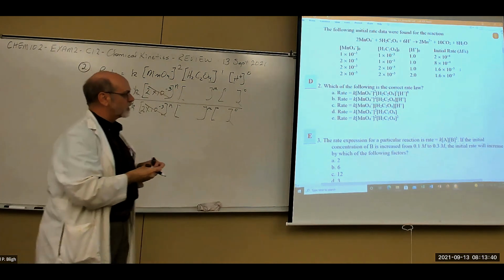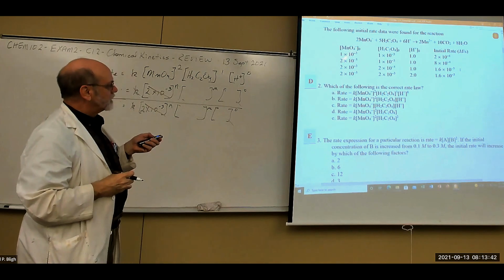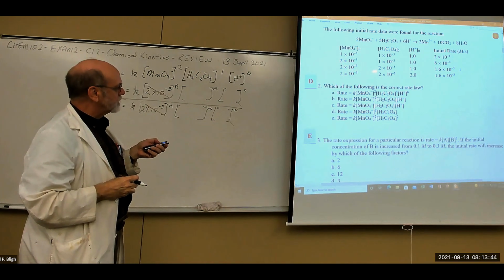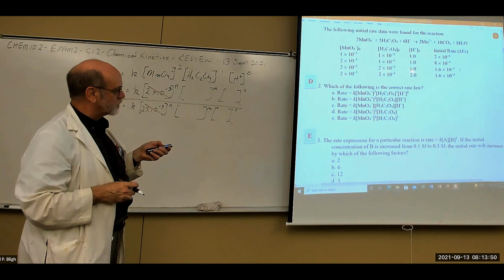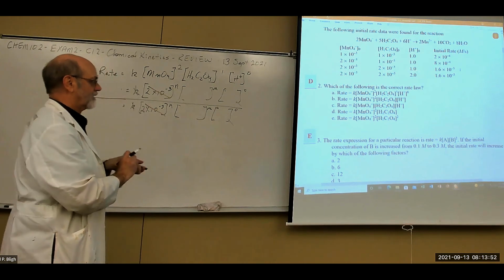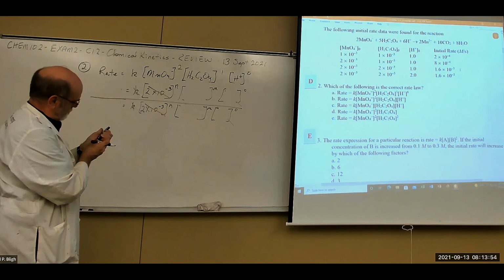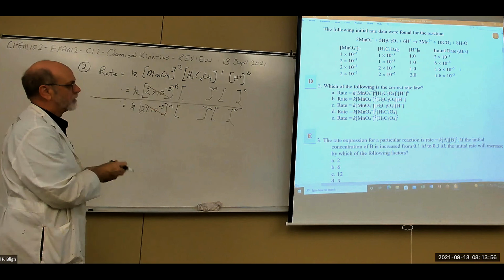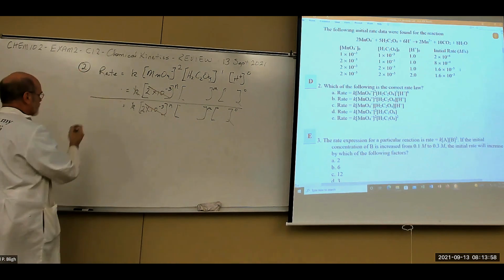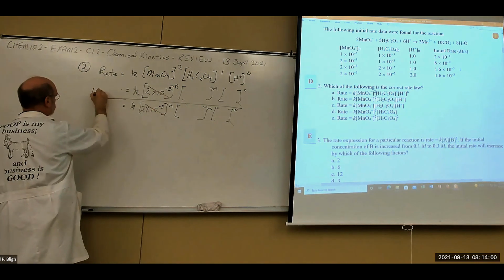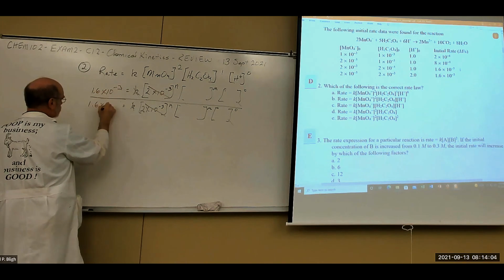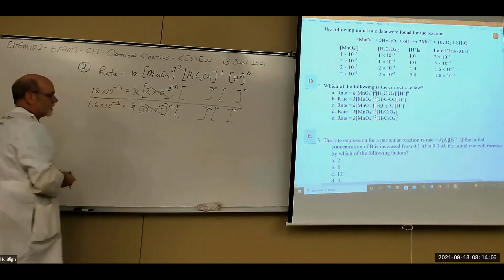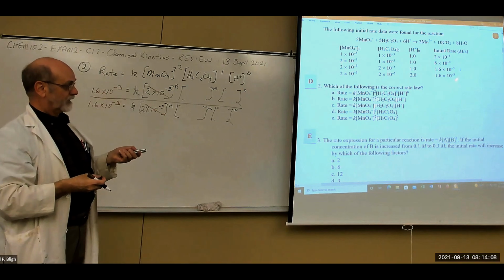Okay, so which one would give us these two the same? Here, it looks like these two right here. That's the same, doesn't change. That one doesn't change. This one changes. So we have 1.6 times 10 to the minus 3. Or both of them. All right.